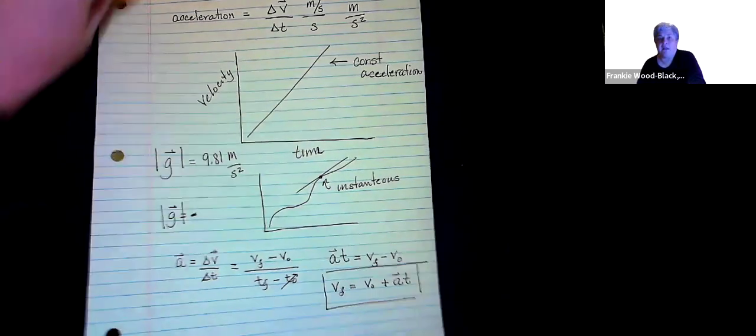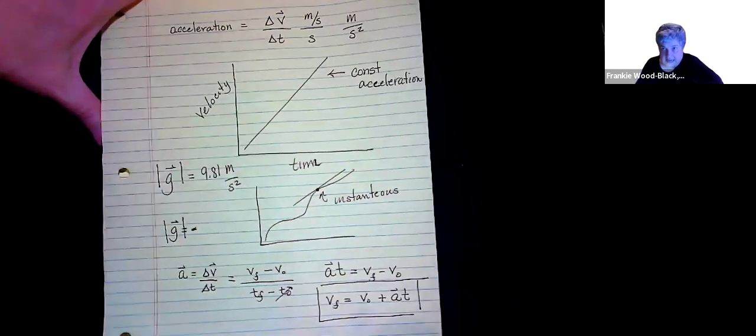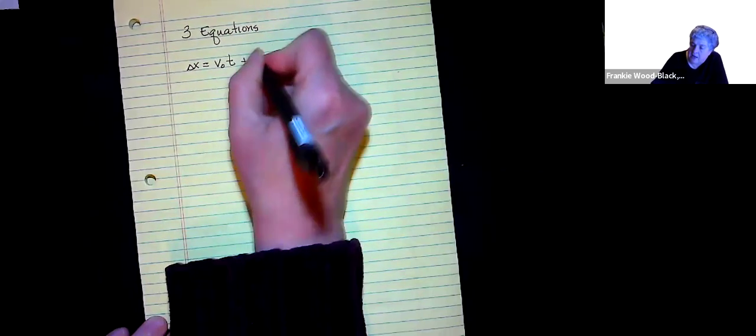And you can go in and look at that slide deck, and you can look at the other videos, but you're going to see that we get 3 equations that we're now putting into our toolkit. One is my change in position is going to equal my initial velocity times time plus 1/2 the acceleration times time squared.